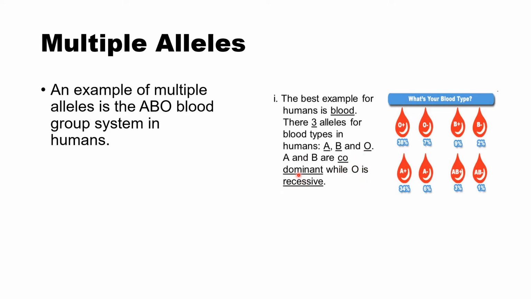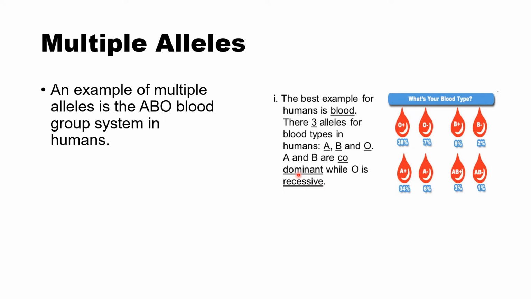So, if you have a blood type na AO, yung lalabas na blood type mo is blood type A. Same with if you have a blood type na BO. So, if you have a blood type na BO, yung lalabas na blood type mo is B. Kasi yung O na blood type is recessive.